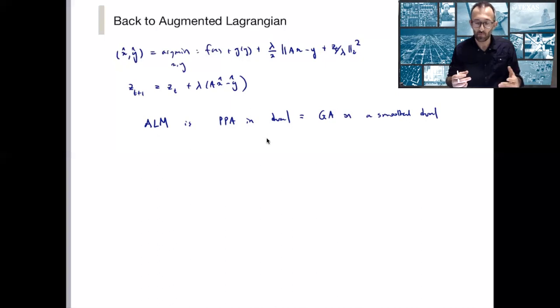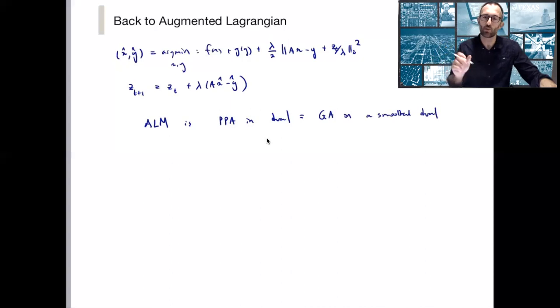So what is the augmented Lagrangian method doing? You can see that it's operating in the primal regime. It's looking over x and y, and it's minimizing f of x plus g of y, essentially what we had originally, plus this quadratic term that's making it strongly convex. And that exactly corresponds to running a gradient descent on a smoothed version.